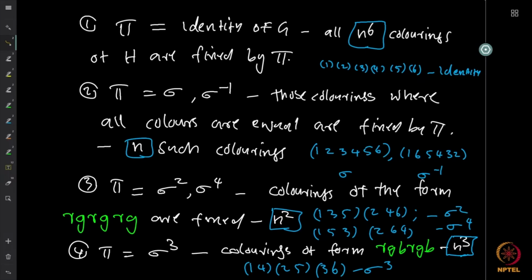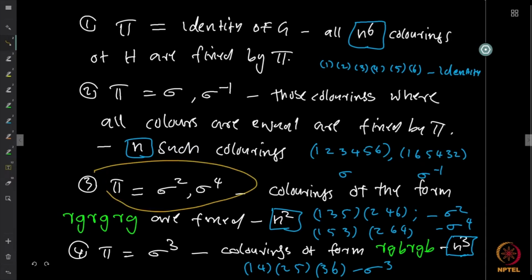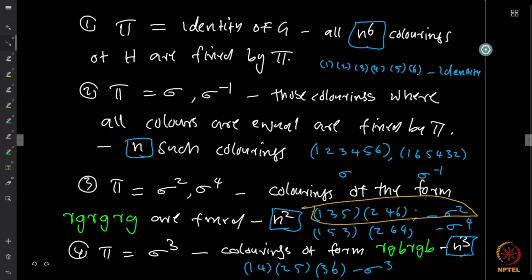So for each of these two, I get n such colorings. Now, what if pi is sigma square or sigma raised to 4? Then what are these permutations? If sigma is this, then you can verify that sigma square is this permutation: 1, 3, 5 and 2, 4, 6. Now, what is this permutation like, for example?